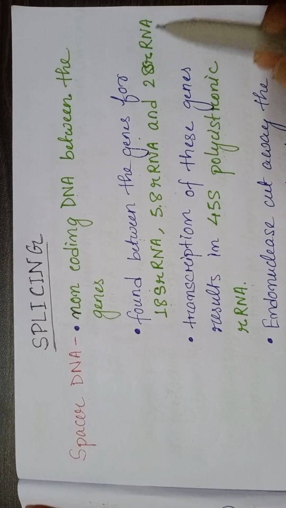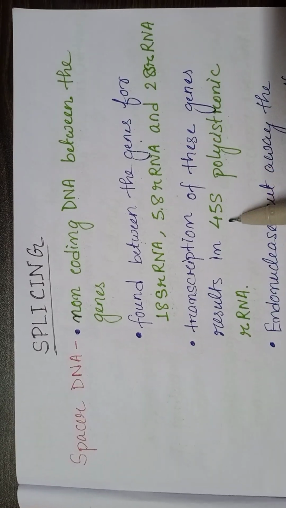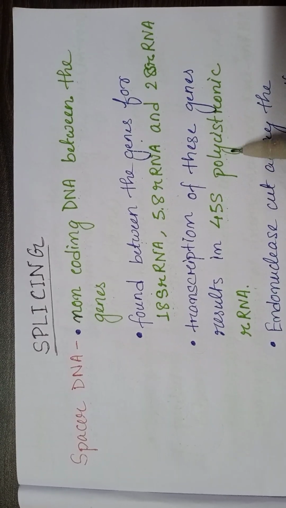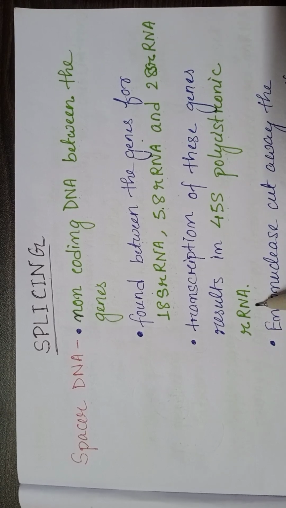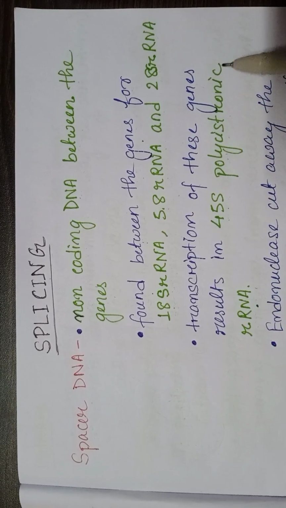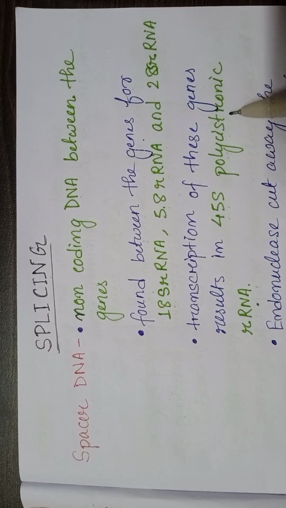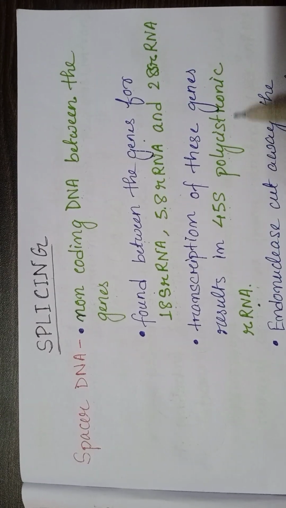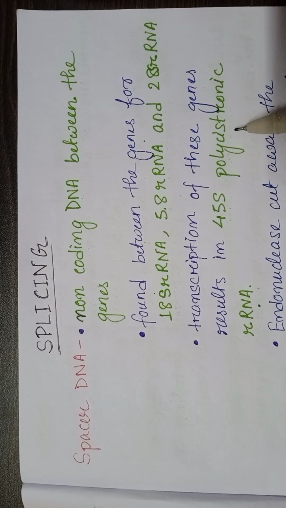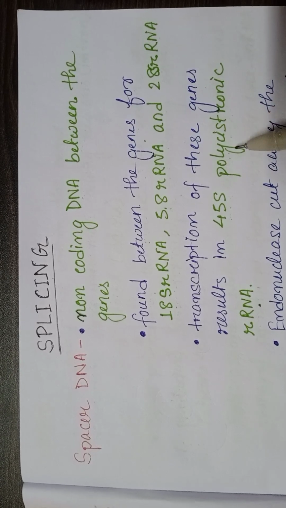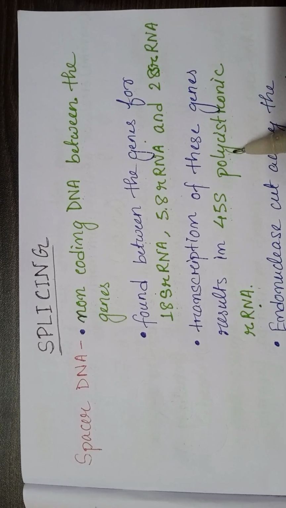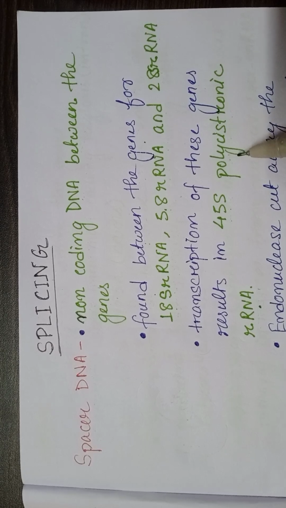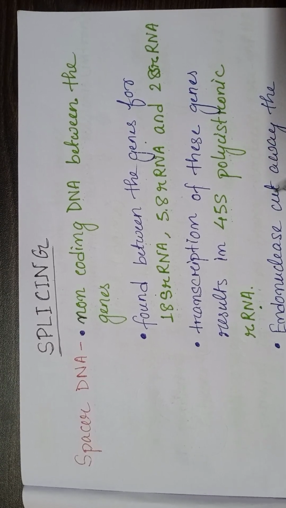Thus, the transcription of these genes will result in 45S polycistronic rRNA. Polycistronic means many polypeptide chains will be formed from this one transcript. Polycistronic is mainly seen in prokaryotes, but in eukaryotes it is monocistronic, that is, only a single polypeptide chain is formed from one single gene.